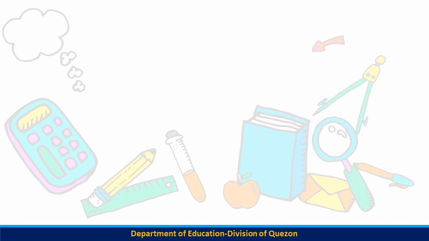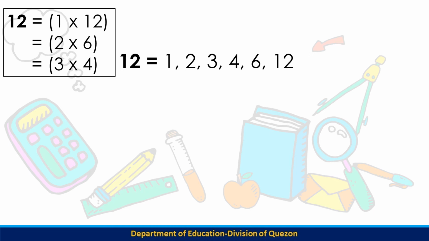Answer. In these numbers, we use the listing method. The first is 12. The factors of 12 are 1, 2, 3, 4, 6, and 12. Nasaan po ito? Naandito po yan. Ini-arrange ko lang po from smallest to largest number.